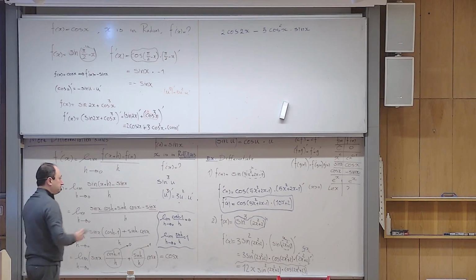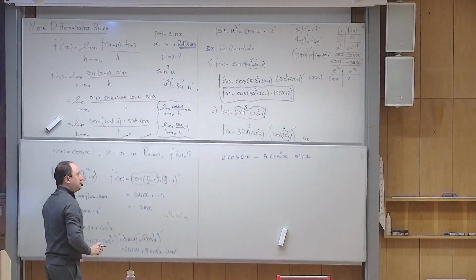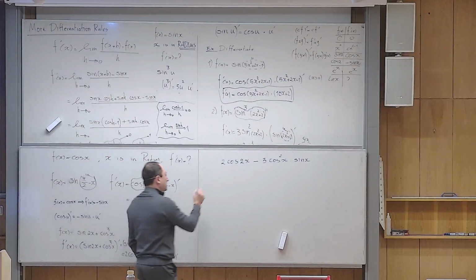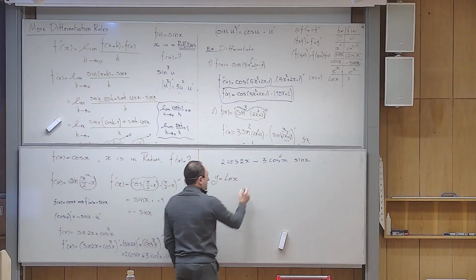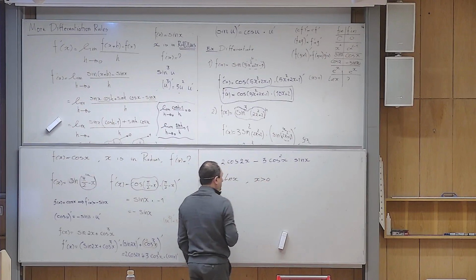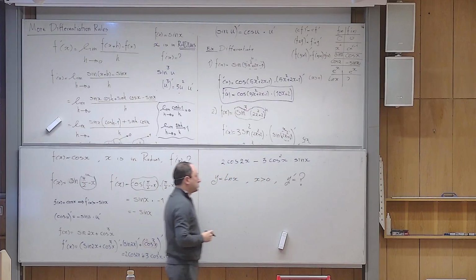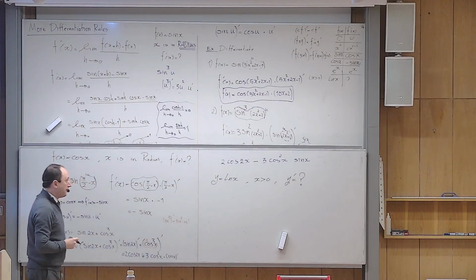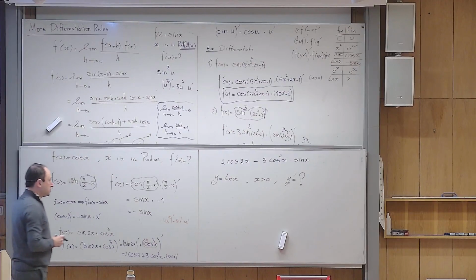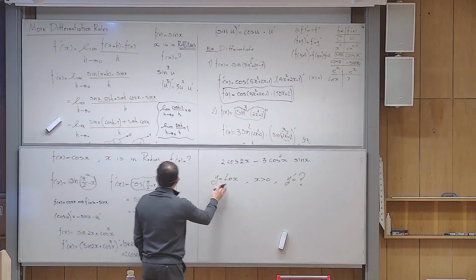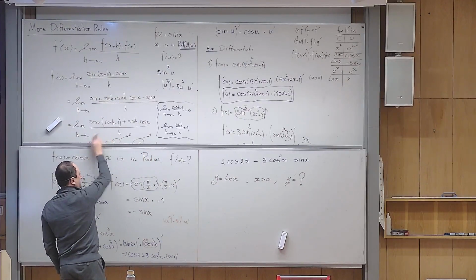Okay, so what can I do? It might be a little bit confusing. So my question is this: y is ln of x, x is positive of course, and the question is what is y prime? I want to answer this question. Of course, I can use the limit trick, which is not possible at this level.